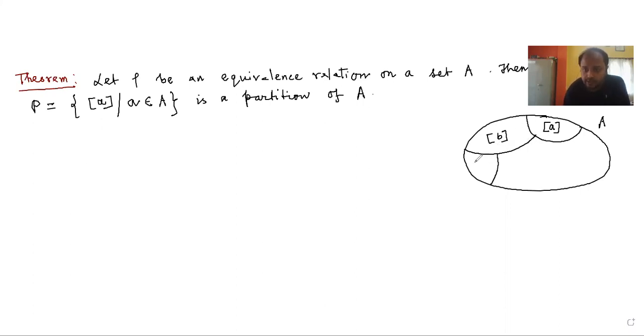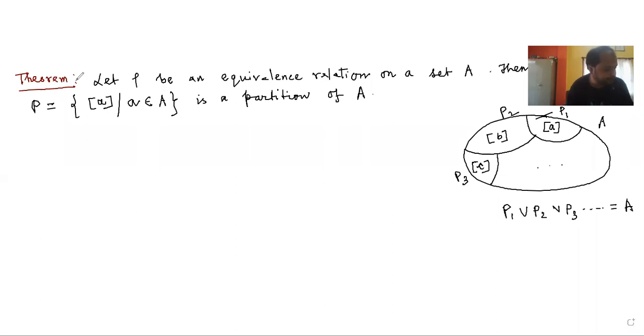Similarly, if I consider another element, say small c, then class of c constitutes another partition, and so on. We can name those partitions P1, P2, P3, so that P1 union P2 union P3 and so on gives you capital A. This is what is written in this theorem.